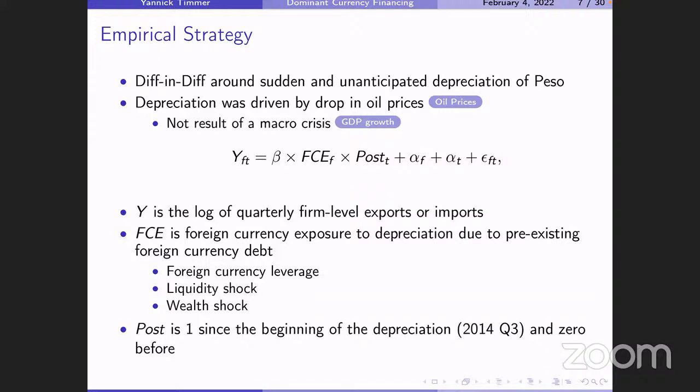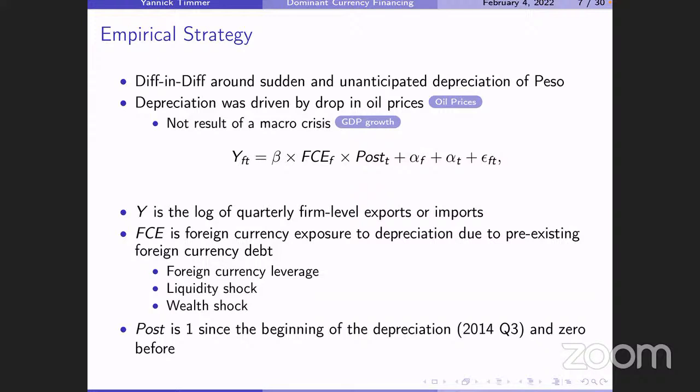On the left-hand side, we have the log of the quarterly firm level exports and imports, and then we interact the foreign currency exposure with this post dummy, which takes the value of 1 at the time of the depreciation. We also include firm and time fixed effects in the regression to control for firm time-invariant specific factors and time trends.